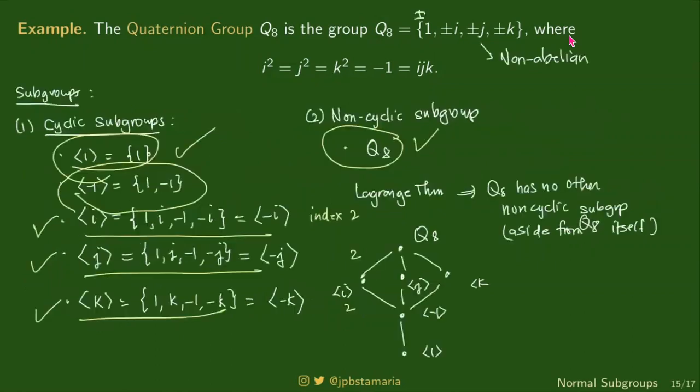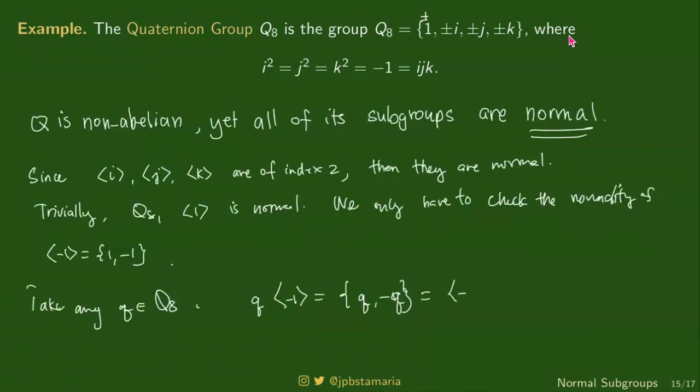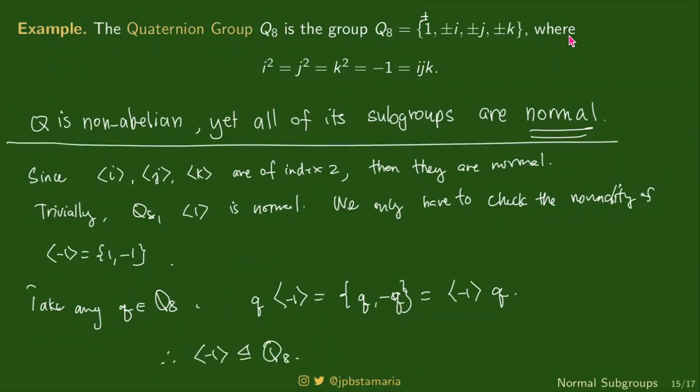But you can actually do that on the right as well. Pares lang yan sa -1 times Q. Do you agree with me? Therefore, this one is actually normal again. Therefore, the claim that all of its subgroups are normal subgroups is clear. Although it is not abelian, pero lahat ng kanyang subgroup ay normal.